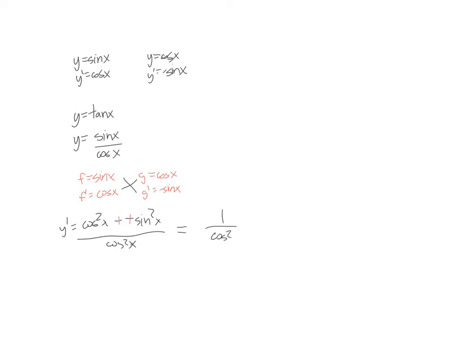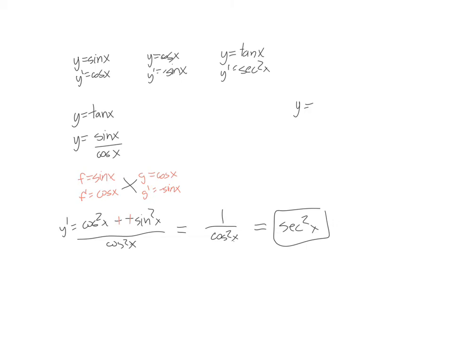So 1 divided by cos squared would be our final answer, and if we want, we could rewrite that using an identity as secant squared. So on your formula sheet, if y equals tan x, our derivative becomes secant squared. So there's our first three primary trig ratios. We could do the same thing for secant or cosecant, so maybe let's just do one quick one.